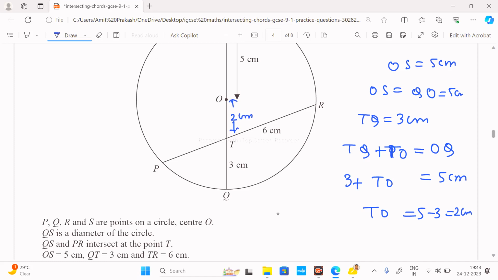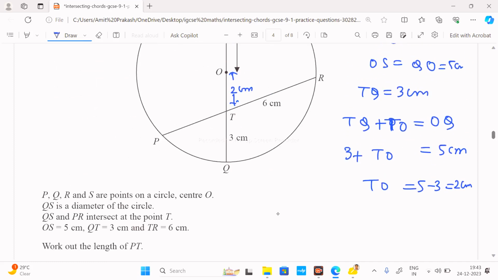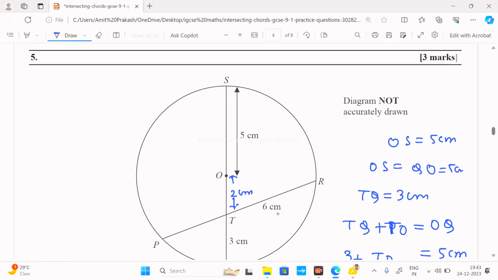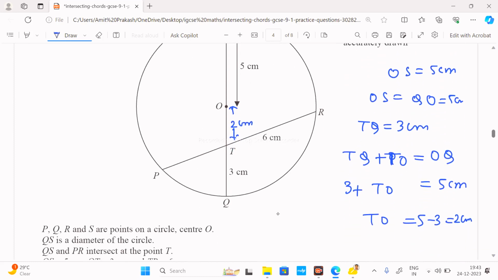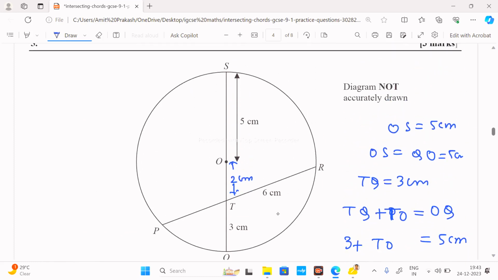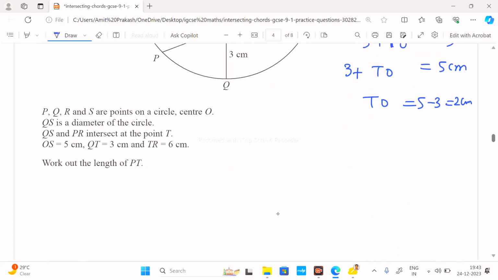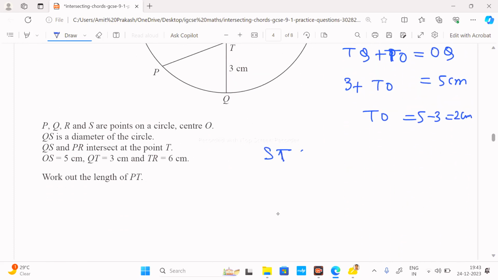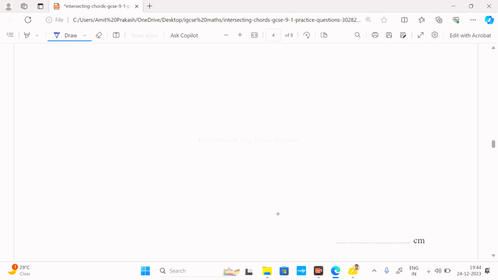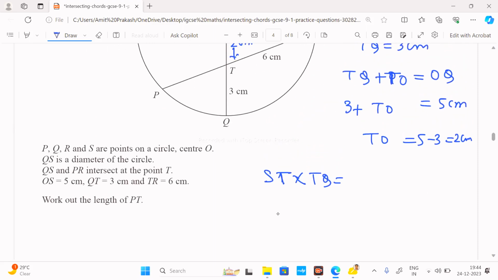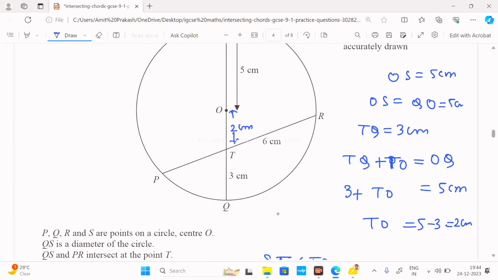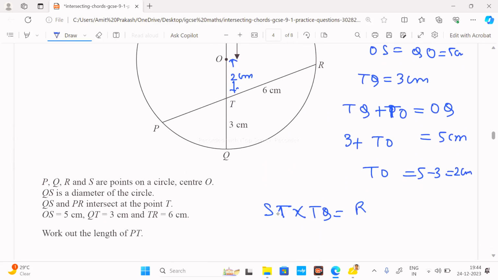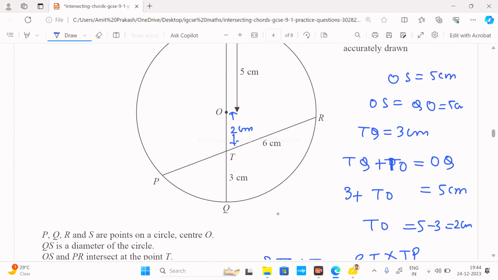And again we have the segments of the given two chords. The chord SQ has the two segments ST and TQ, so ST into TQ equals RT into TP, and this is the chord intersection theorem. So again apply this.